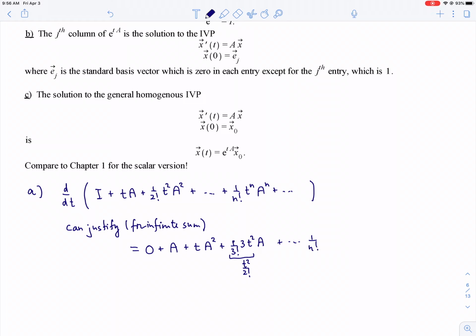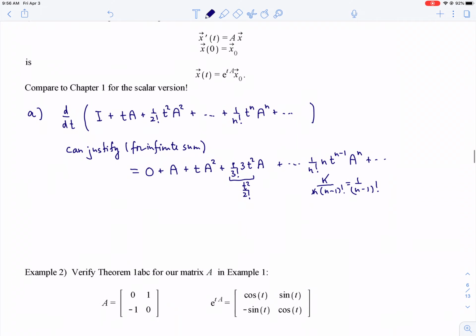And we'll see that when we do the general term, it's 1 over n factorial. Derivative of t to the n is n t to the n minus 1. And n over n factorial is n over n times n minus 1 factorial. So that's just 1 over n minus 1 factorial.